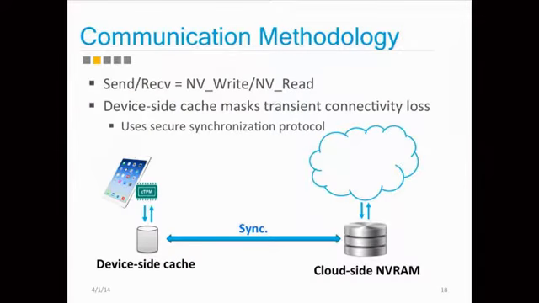You can think of this abstraction like the design in Unix, where the kernel code and the user mode code use the file system interfaces to communicate with each other. And also, as transient network connectivity loss is common on mobile devices, we further design a client-side cache to mask this transient network connectivity loss. And we provide synchronization protocols to sync the client-side cache with the cloud-side persistent storage device.